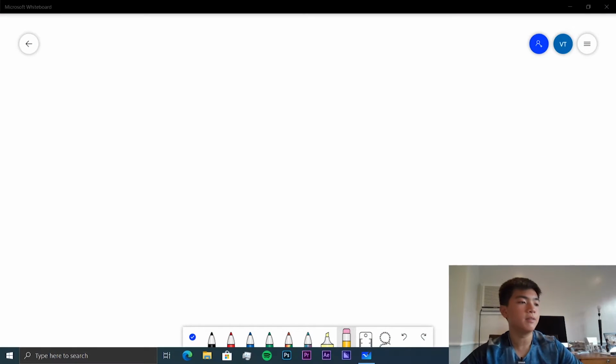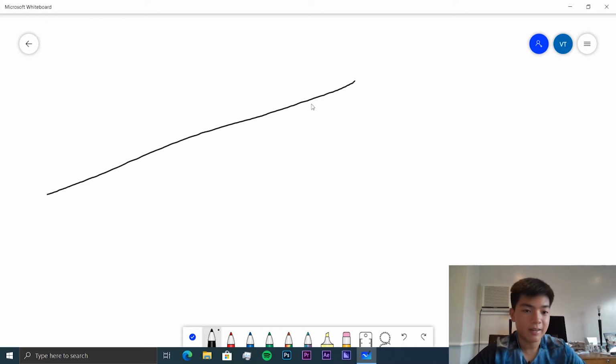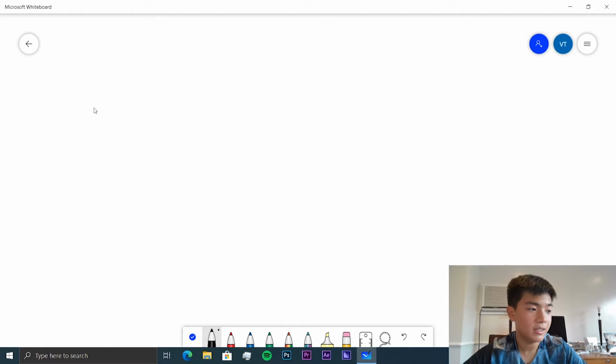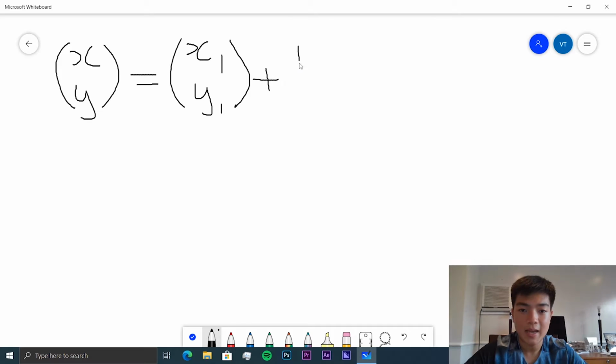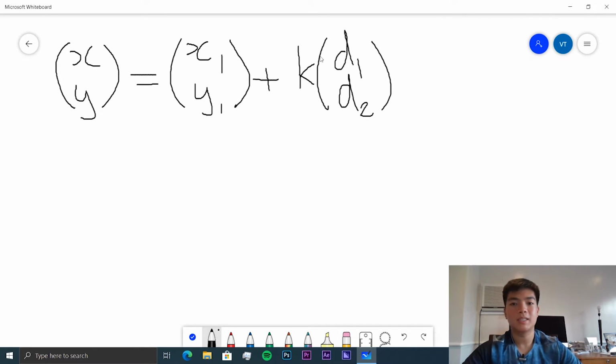So there are actually three ways that we can express the equation of a line in vector form. The first one is called the vector equation of a line. This is where any point on the line, (x, y), is equal to a certain starting point, (x1, y1), plus k times (d1, d2), where this is the direction vector and this is just a point on the line.